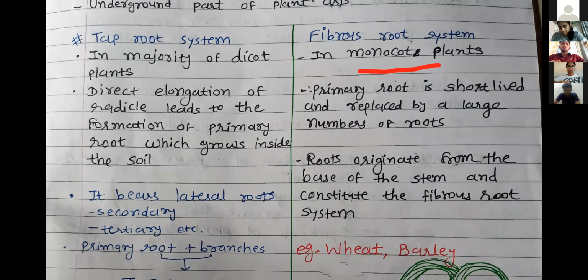Meaning what? When seed germination takes place, the radicle and plumule appear. From the radicle, the primary root is developed, but this primary root is very, very short-lived. Very short, it has a very short lifespan.